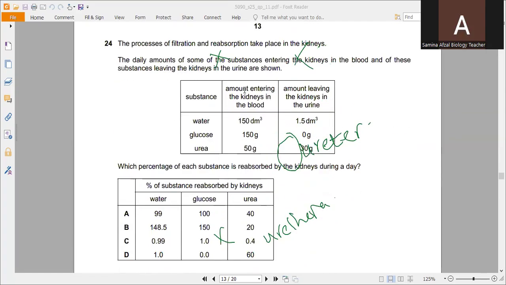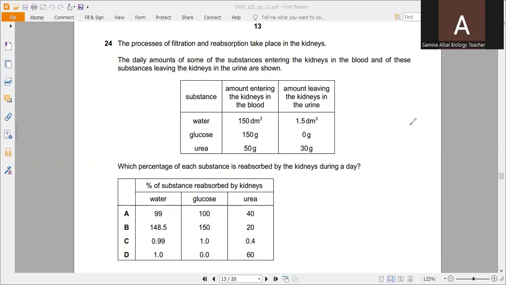Now we will move towards question number 24. The process of filtration and reabsorption takes place in the kidneys. The daily amounts of some of the substances entering the kidney in the blood and of these substances leaving the kidneys in the urine are shown.